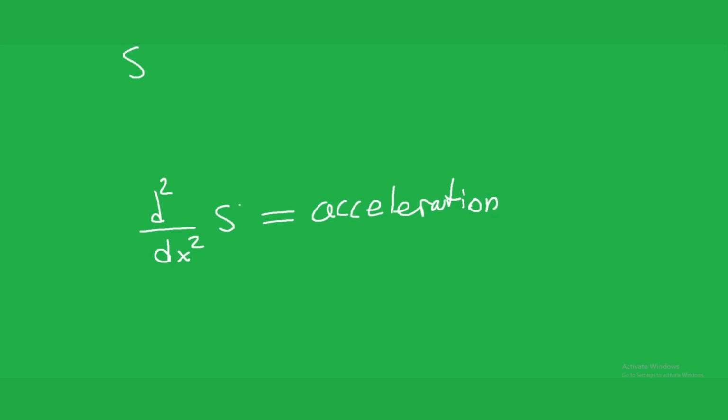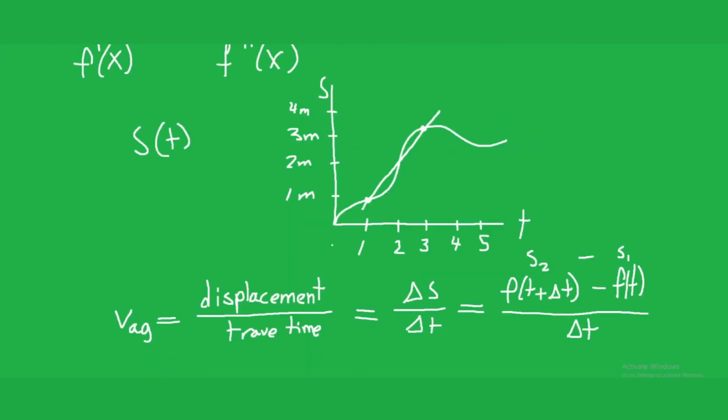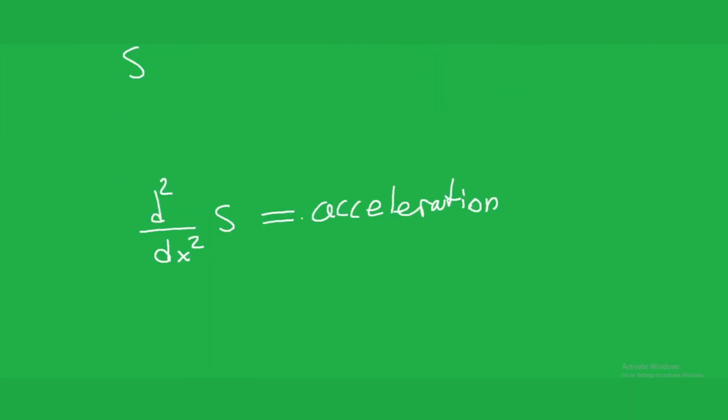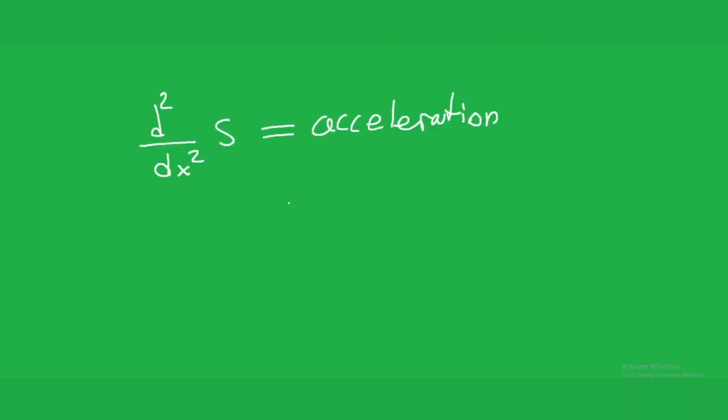Our derivative of position with respect to time is the rate at which our position changes with respect to time. And the derivative of that is the rate at which our velocity changes with respect to time, and that's acceleration. So how quickly we accelerate, how slowly we accelerate. Acceleration has magnitude and direction as well.